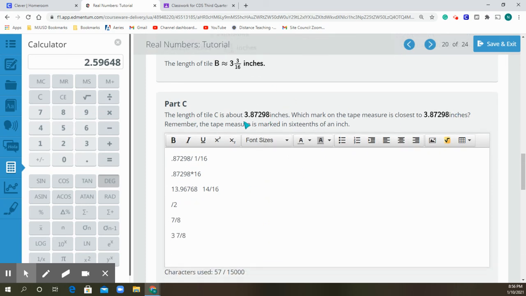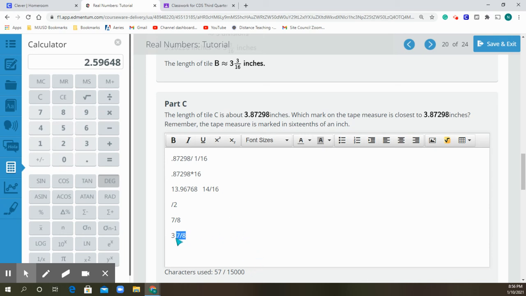Same process for tile C, which is the 15 square inches. Each length of a side would be 3.87298 if we could be super precise and super accurate, but we can't. We can only measure to the 16th on the tape measure. So, same thing, multiply by 16, we get 14/16.